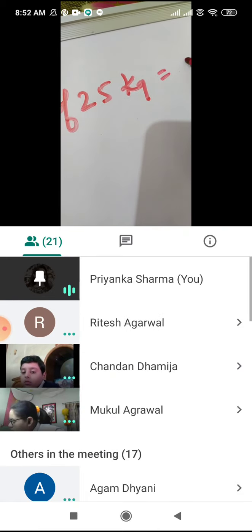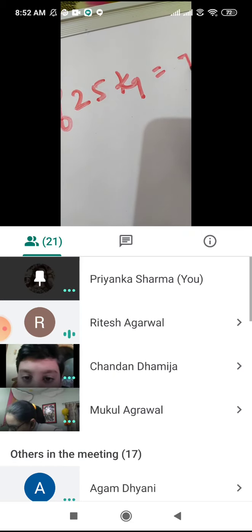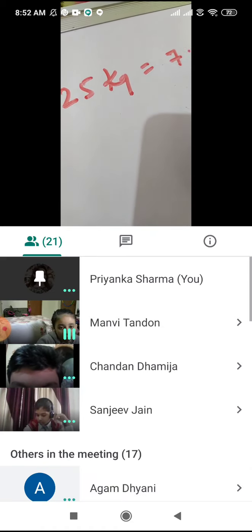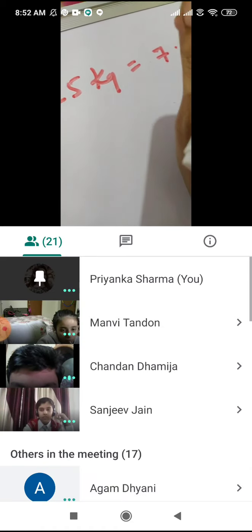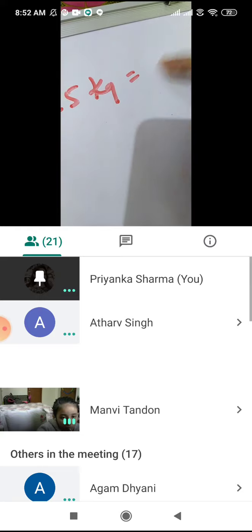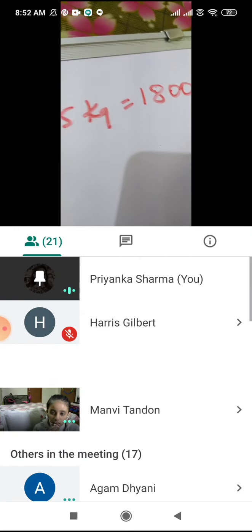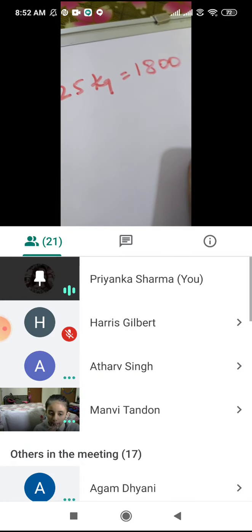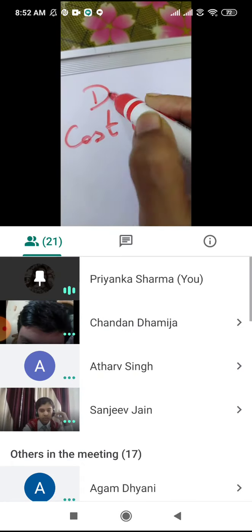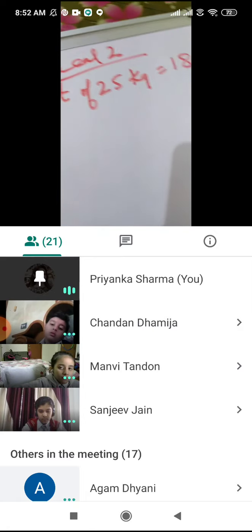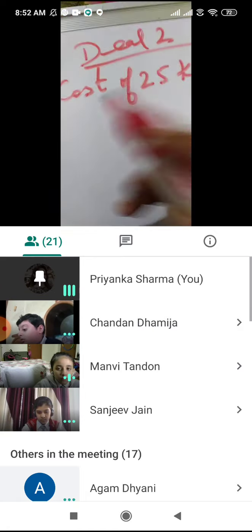How much is given? 1800. This is the cost of 25 kg of rice in deal 2. Here we are dealing with deal 2. Okay. So deal 2, the cost of 25 kg is 1800.